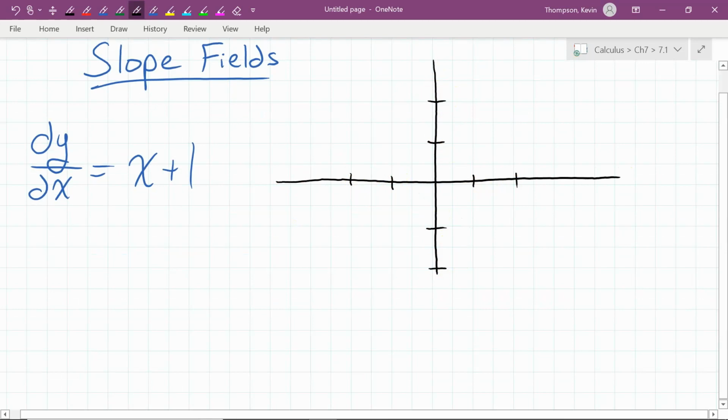And I want to put a point at each integer here, okay? So we have 25 little dots here. And we're going to start constructing a slope field.